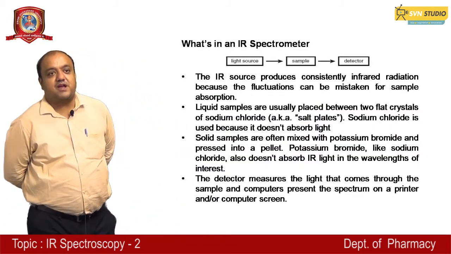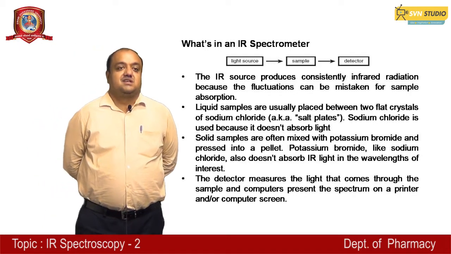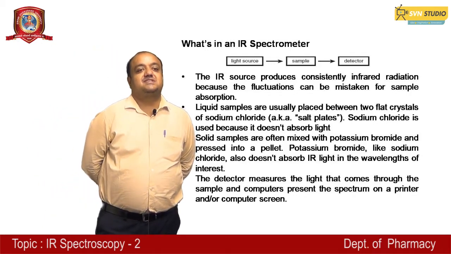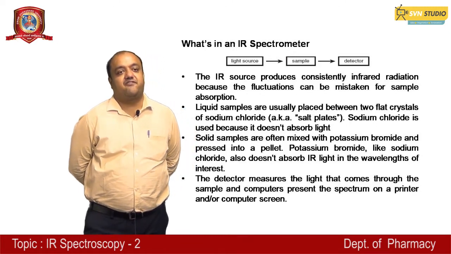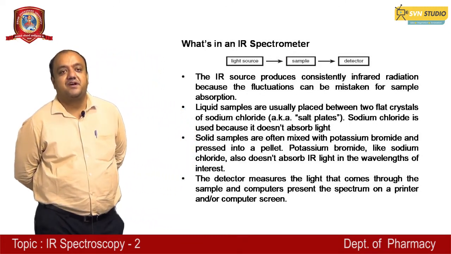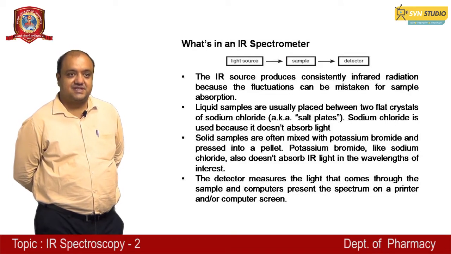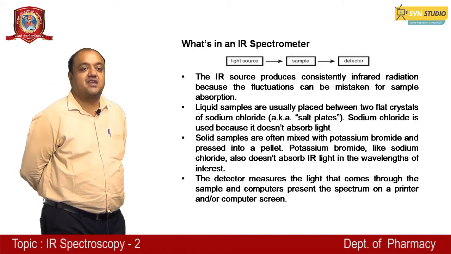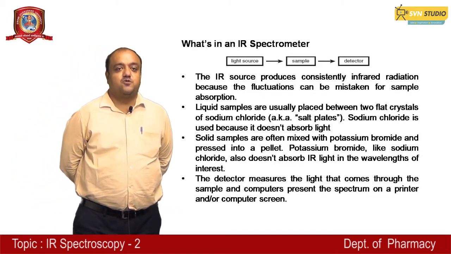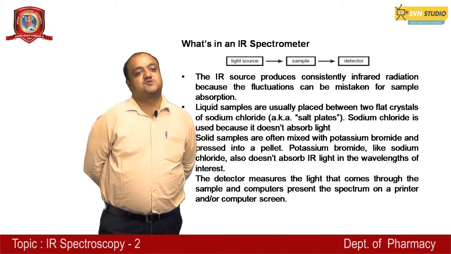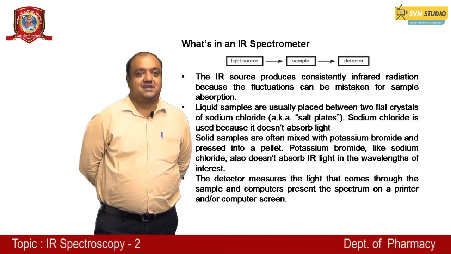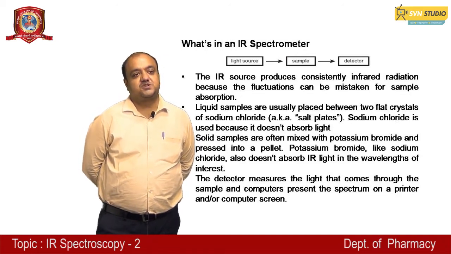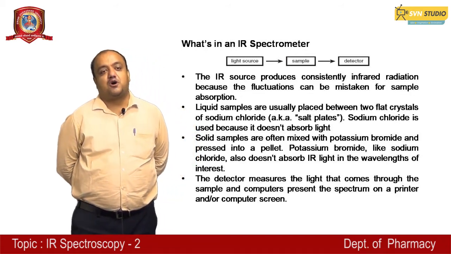What is an IR spectrometer? The IR source produces infrared radiation consistently, because fluctuations can be mistaken for sample absorptions. Liquid samples are usually placed between two flat crystals of sodium chloride, like salt pellets, and sodium chloride is used because it doesn't absorb light.